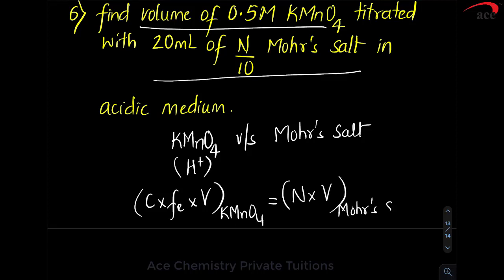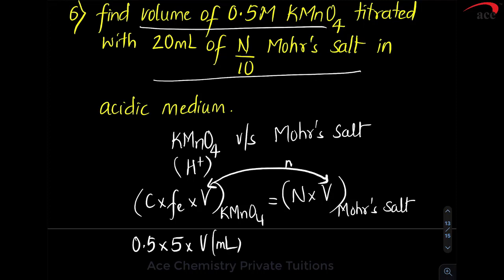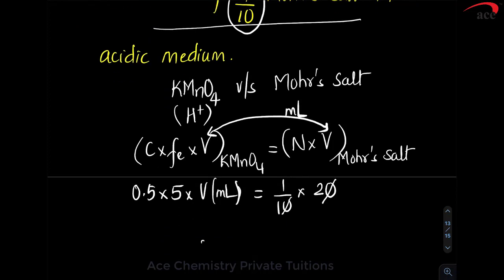The way the data is given, the same way we have added. Molarity 0.5, the factor of KMnO4 in acidic medium is 5. Volume can be in ml if the other volume is in ml, so that dimensionally they are balanced out. Normality is given as N/10, which means 1 by 10. And the volume is 20. So from this you will get the value of volume, that is 2 upon 2.5. So the answer will be accordingly in ml.